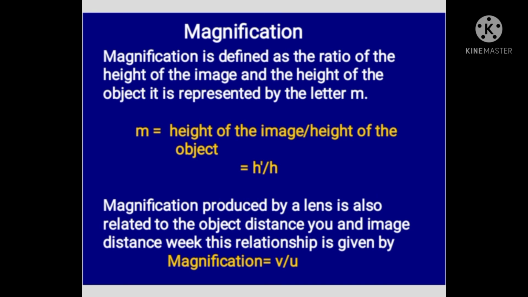If h is the height of the object and h dash is the height of the image given by a lens, then the magnification is m equals height of the image by height of the object, that is, h dash by h. Magnification is also related to the object distance u and the image distance v. This relationship is given by m equals h dash by h, that is equal to v by u.